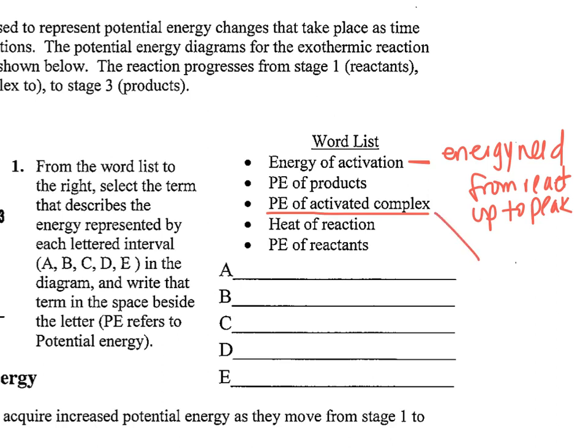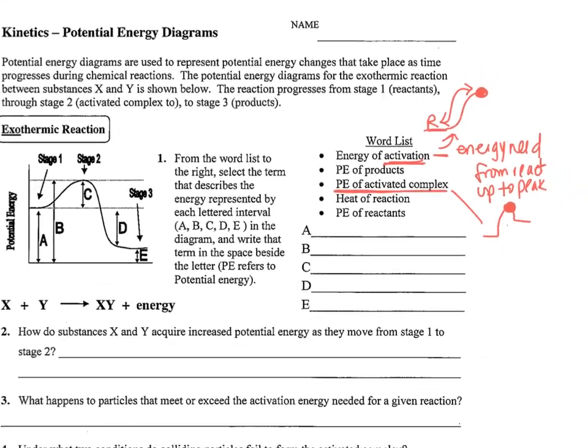So if we were looking at a graph and it went like this, the activated complex is just how much energy is here. Whereas the energy of activation is how much energy it takes to get from here at the reactants up to that peak. So the energy of activation is how much energy it takes to get from here to here, from the reactants to the peak. And the potential energy of the activated complex is just how much energy is there when we're at the peak. What is that number at that peak there? So that should help you a little bit with answering.